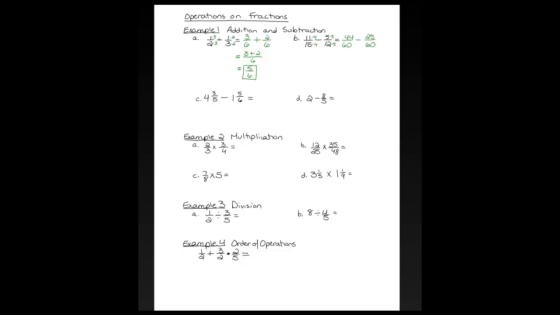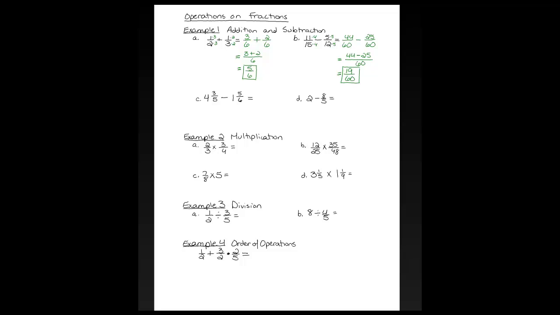Now that we have our common denominator, we need to subtract the numerators. 44 minus 25 divided by 60. 44 minus 25 gives us 19 sixtieths.